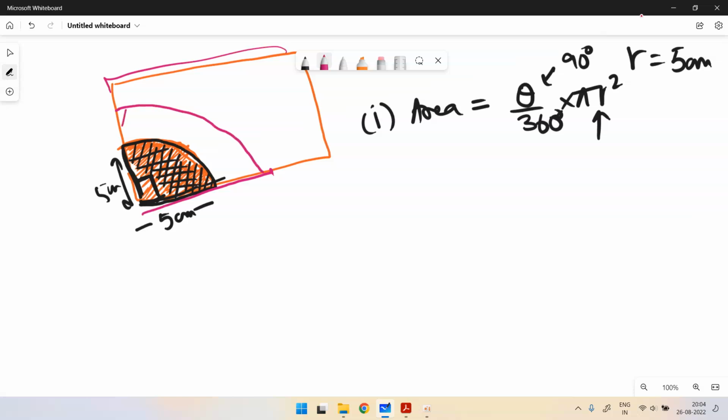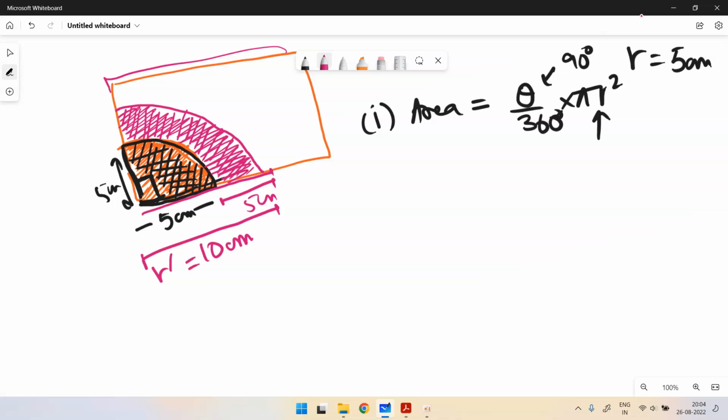So we need to find this much area only. What is the increase in the area? Because if the horse is tied, he can graze up till here, and from this whole part till the below part also he will graze. But you need to find the increase in area. This is also 5 centimeter. In totality, this will be 10 centimeter.